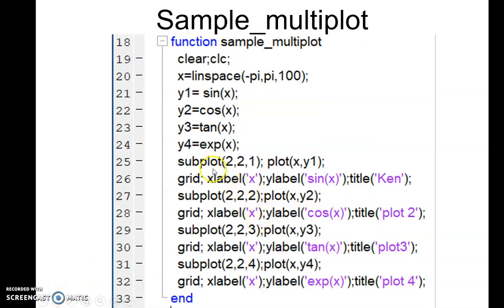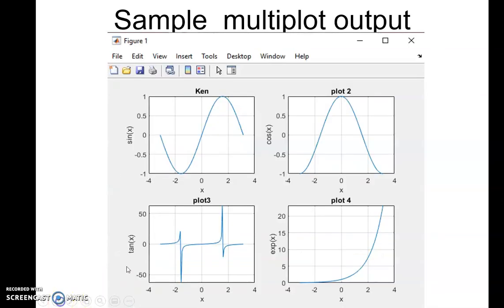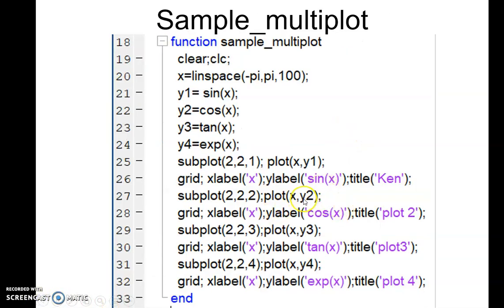For the first one I had subplot 2, 2, 1. I said plot x and y1, which is the sine, x label, y label, my name is the title, and so that's that one. So that's 1, 2, 3, 4. To get the next one, I did a 2, 2, 2, plot x and y2, grid, and you see I called it plot 2.